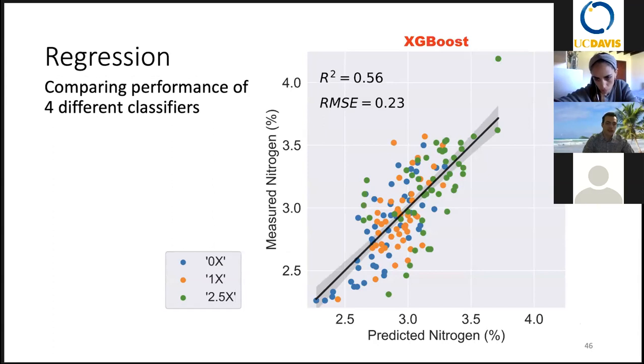This is a regression model using a machine learning algorithm called XGBoost, in which we employ all 5 bands of the multispectral sensor into the model, and it will give us a predicted nitrogen. So the input is blue, green, red, red edge, near infrared. The output is how much nitrogen is within that vine. How awesome is that?